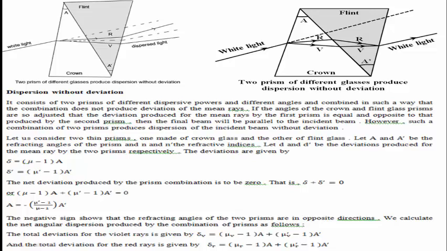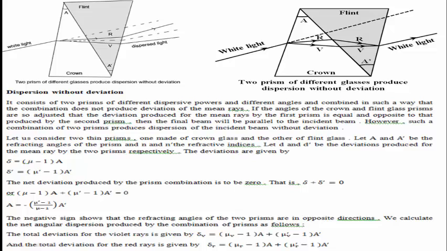Dispersion without deviation. It consists of two prisms of different dispersive power and different angles, combined in such a way that the combination does not produce deviation of the mean rays.